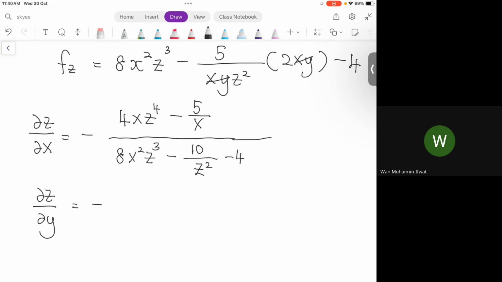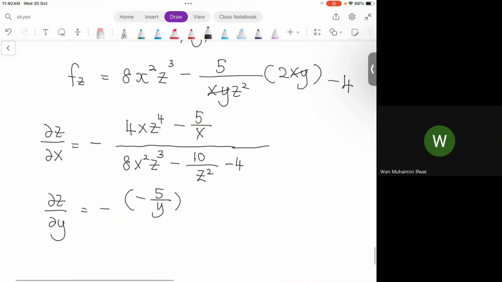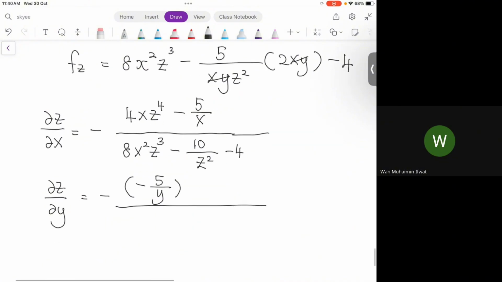Negative fy is negative 5 over y, don't confuse. Negative 5 over y divided by fz. If you wish to cancel out the negative, you can do so. So this is the del z del y.